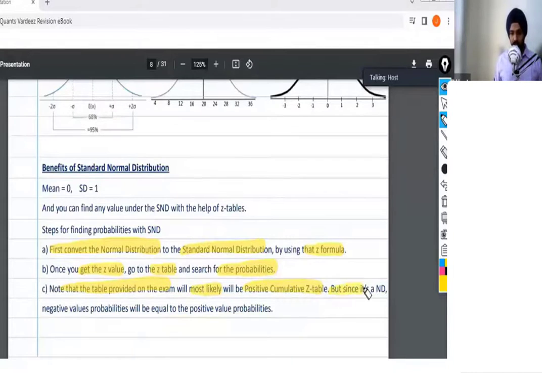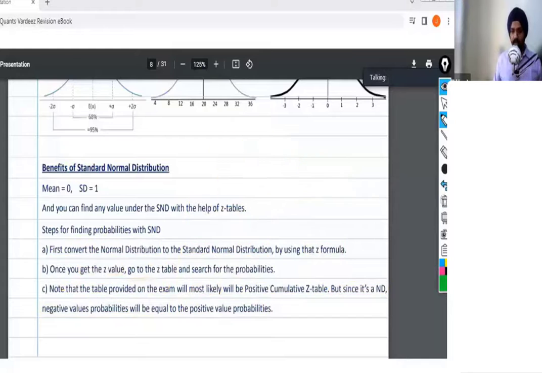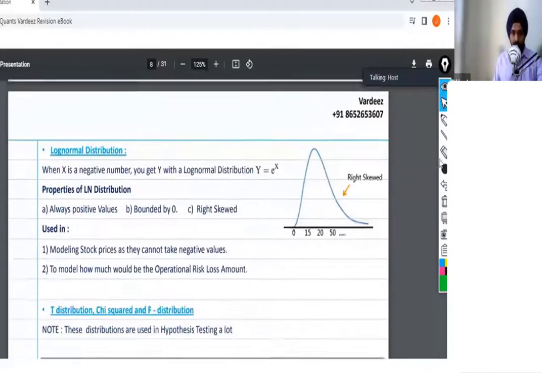But since it's a normal distribution, negative value probabilities will be equal to the positive value probabilities. That means if you want to find this region, no problems at all. Just find the positive one and replace the sign. Put a negative sign in front of it. That's it. That's the standard normal distribution, I would say.